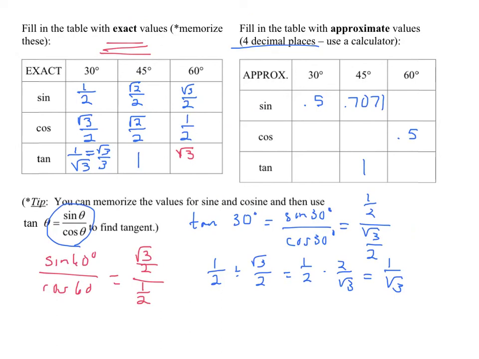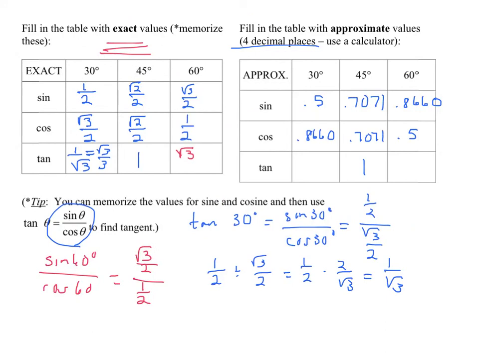The sine of 60 degrees would be 0.8660. And all I'm doing is doing the square root of 3 over 2 in my calculator. The cosine of 30 degrees would be 0.8660. The cosine of 45 is the same thing as the sine of 45.